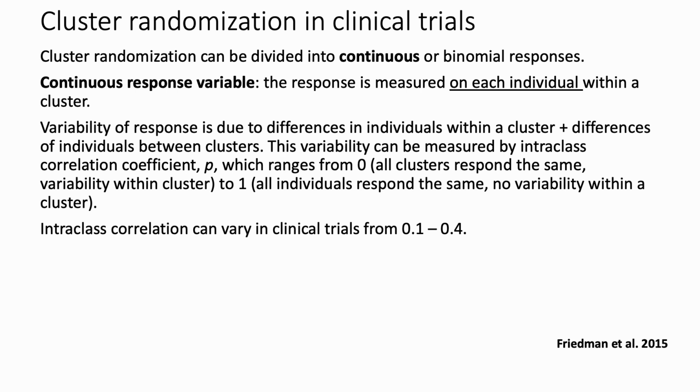Variability of response is due to differences in individuals within a cluster plus differences of individuals between clusters. This variability can be measured by the intraclass correlation coefficient ρ, which ranges from 0 to 1. Intraclass correlation can vary in clinical trials from 0.1 to 0.4.